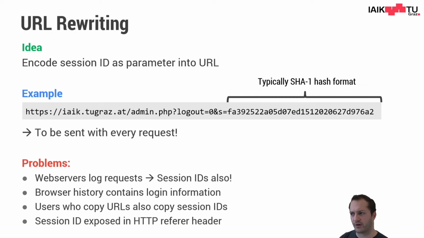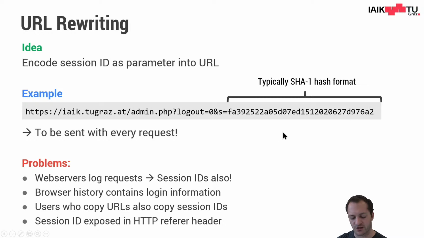Probably a very risky way of encoding session IDs is by storing it in a URL. For example, let's say there's a website, and as soon as I log in there, I get a session ID which may resemble a SHA-1 hash. This could be a valid session ID.